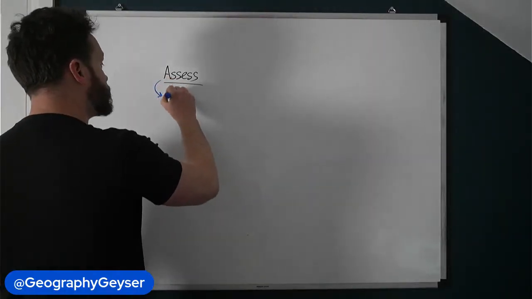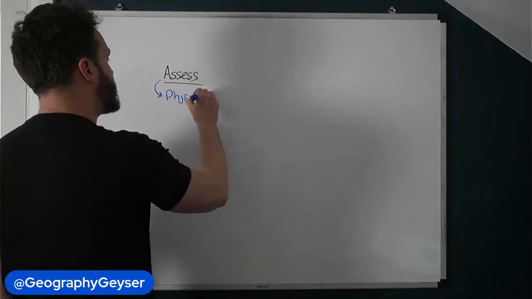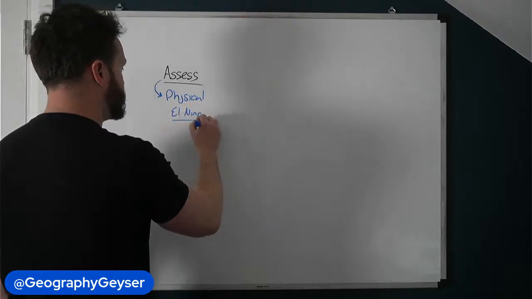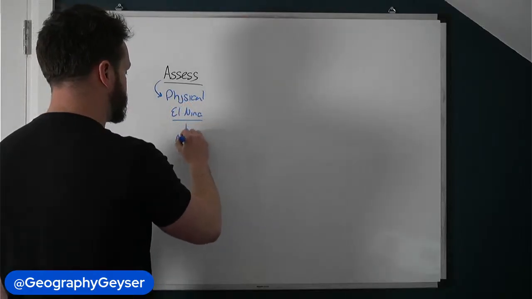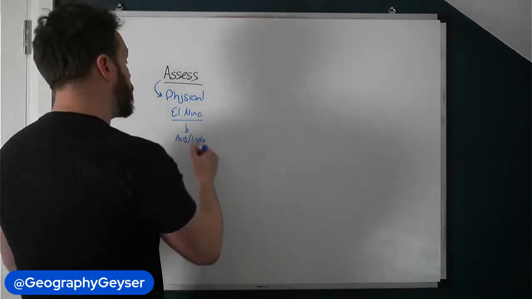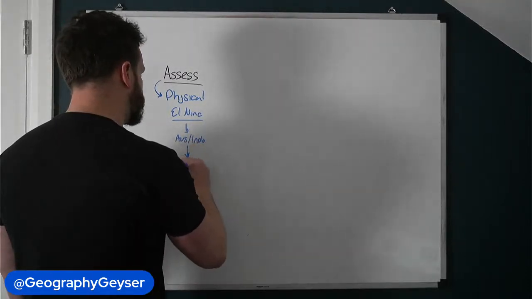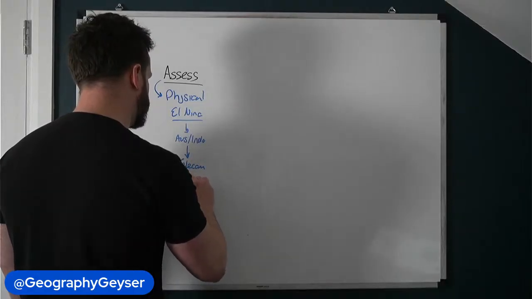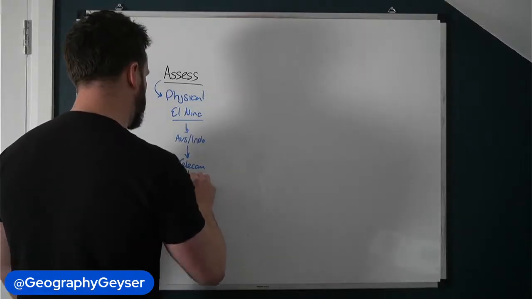So your physical paragraph could either be that you just explain El Nino and get as far as Australia and Indonesia and you stop there, or you could then go on to talk about teleconnections and bring in Ethiopia.